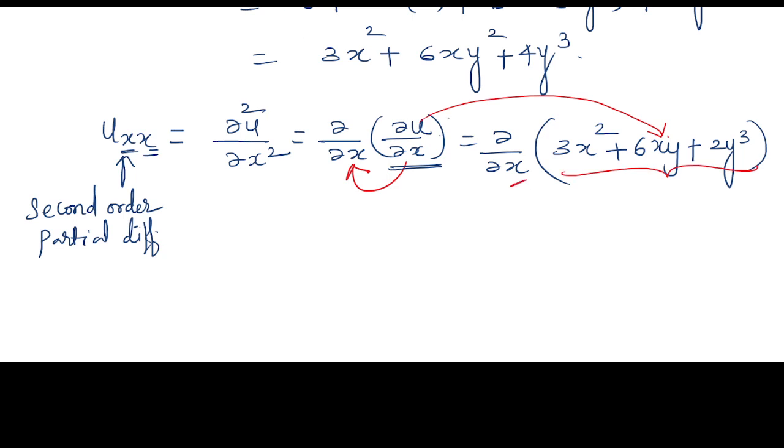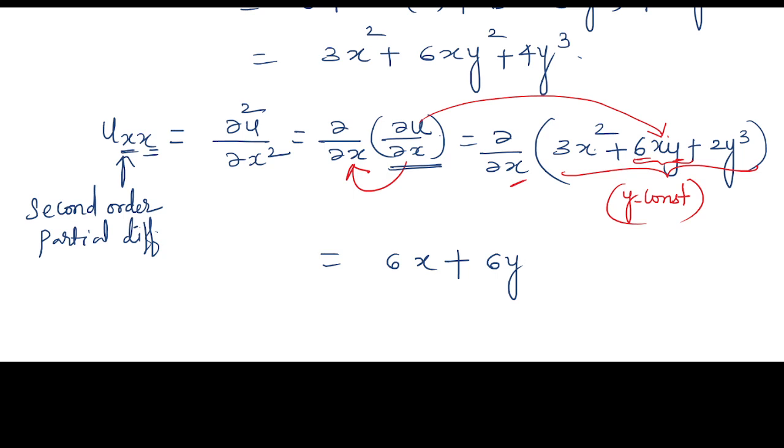So we need to treat y as a constant while differentiating with respect to x, which gives 3x square with respect to x is 6x. Plus, in 6xy, 6 and y both are constant, so we write the constants as they are.